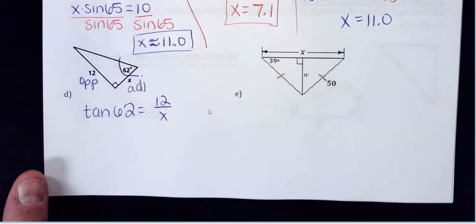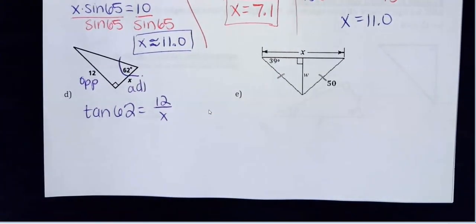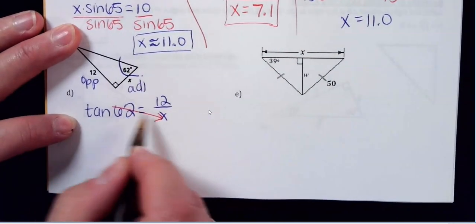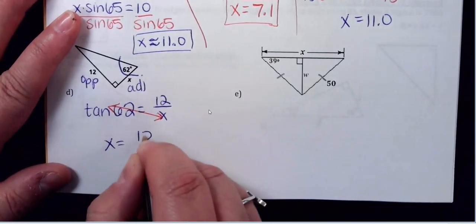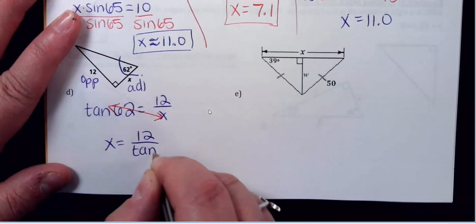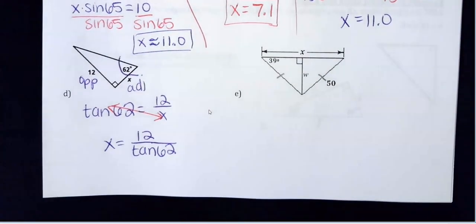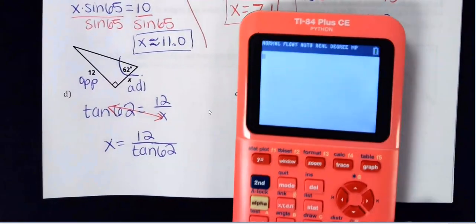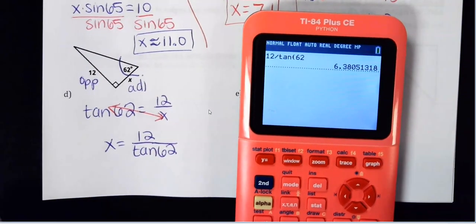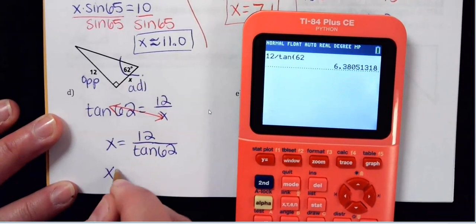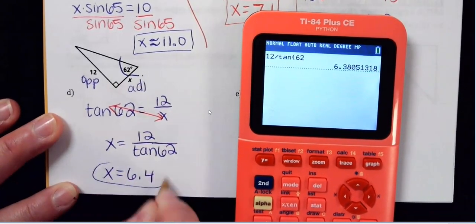Now, I immediately know if my variable's in the denominator, these are just going to trade places. If you want to walk through the algebra, you are more than welcome to do that. But if the variable's in the bottom, you're going to divide. I tell myself the variable's in the denominator, I'm going to divide. So just do 12 divided by tangent of 62. This should be about 6.4 to the nearest tenth.